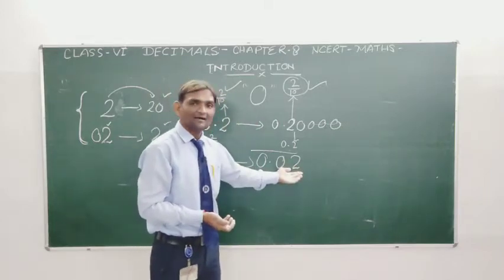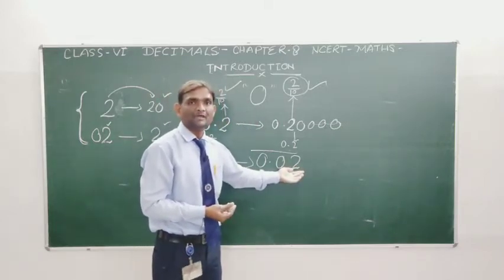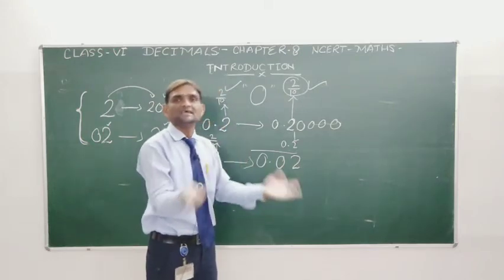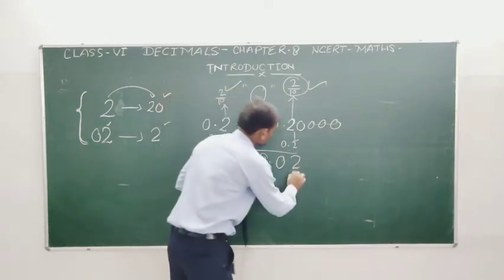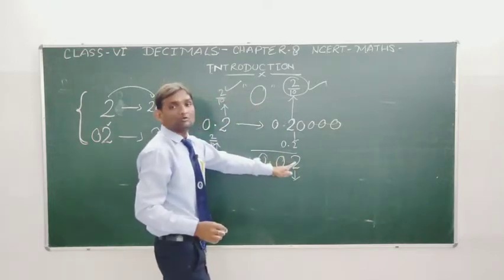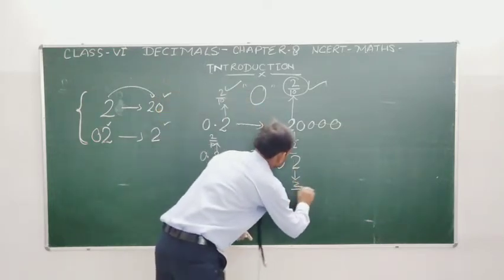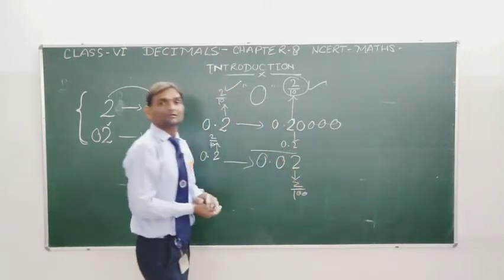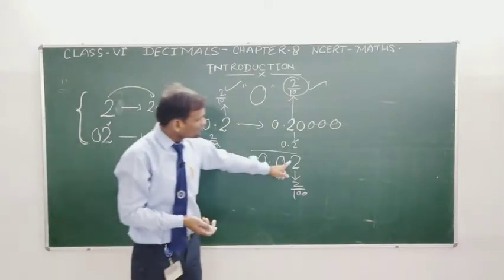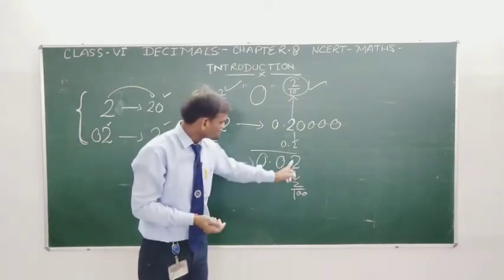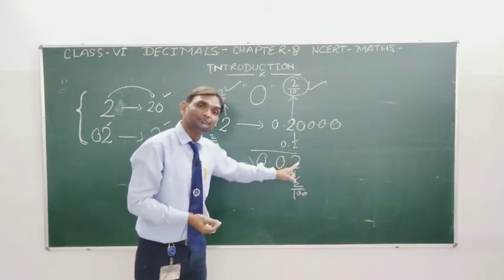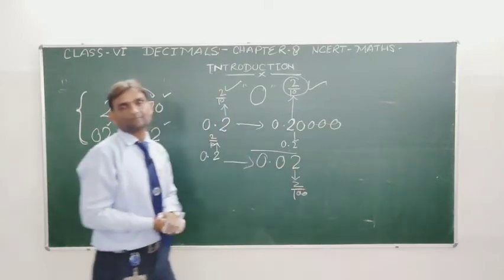Where did the 2 go? To the hundredths place. It means the place value is changed. So the place value of this 2 is 2 hundredths. Why? Because 2 has come to the hundredths place.